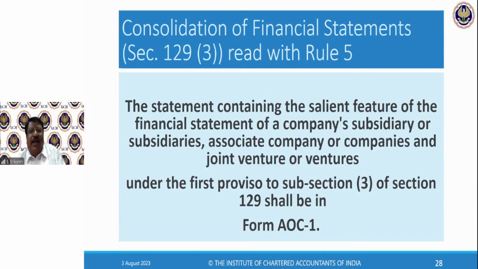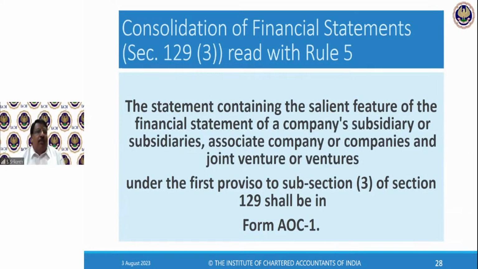The statement containing the salient features of the financial statement of a company's subsidiary or subsidiaries, associate company or companies, and joint venture or ventures, everything. In the case of a joint venture, your stake may be 50 or even less, 40, whatever. You should show that the other party has an outside liability in the balance sheet for 60%, and your 40 will have to be valued and brought in and consolidated. It's a reverse of normal consolidation.